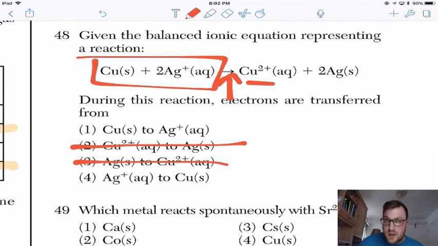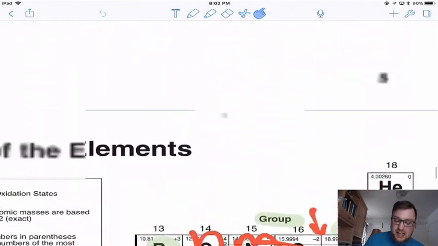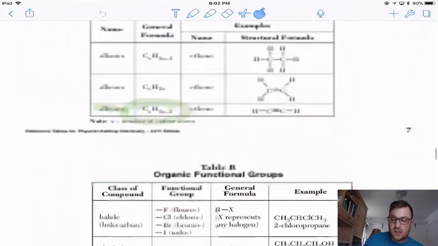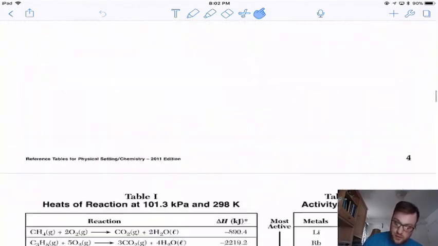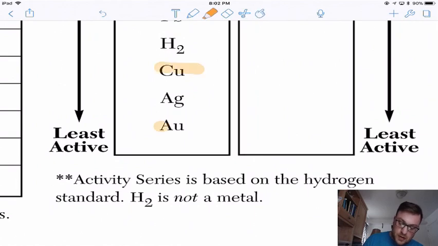So, transferred from who to who? You could go to table J and look who's the anode and who's the cathode. So on table J, whoever is higher gets oxidized and whoever is lower gets reduced. So if we're comparing Cu and silver, you would say Cu is getting oxidized and silver is getting reduced.